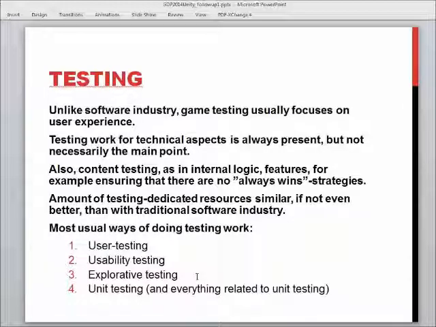It's exploring different ways to abuse or break the application you are testing.